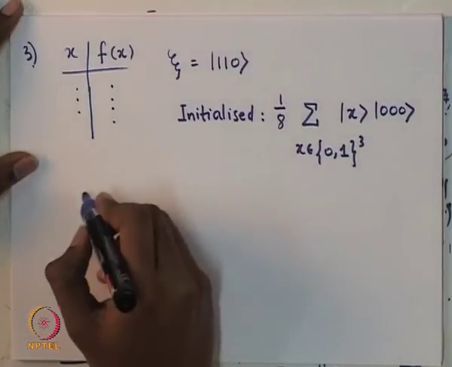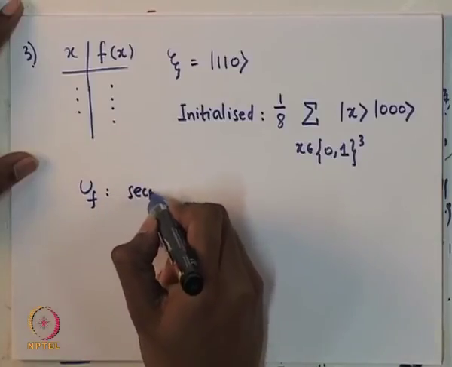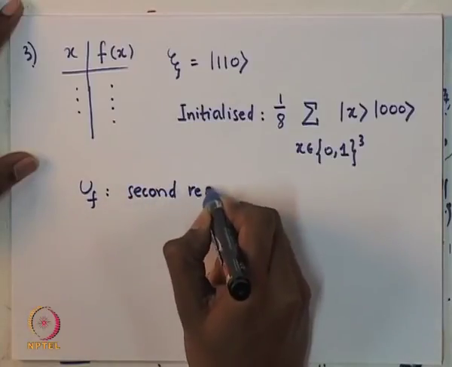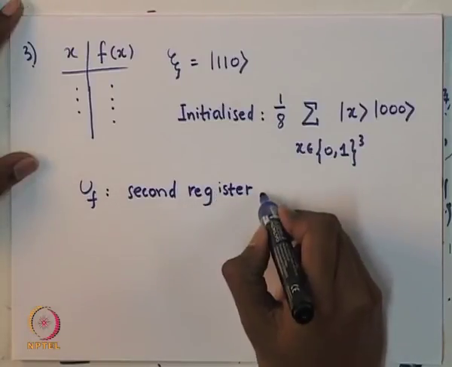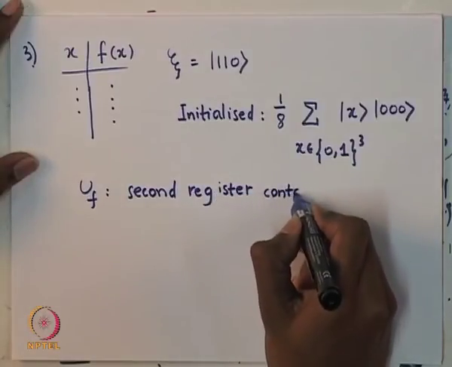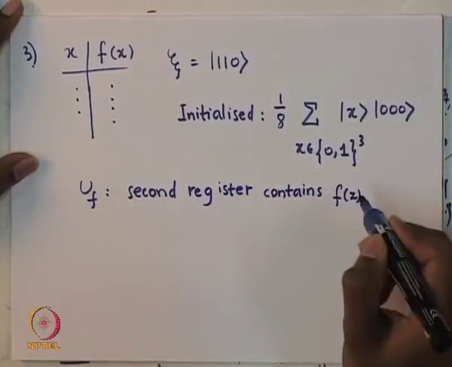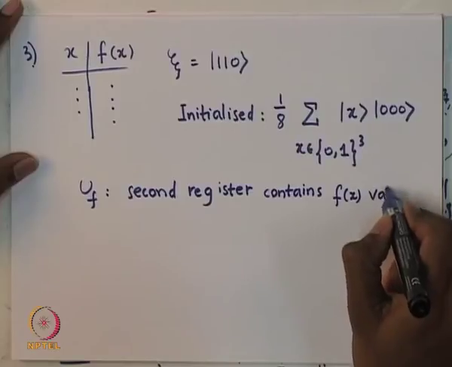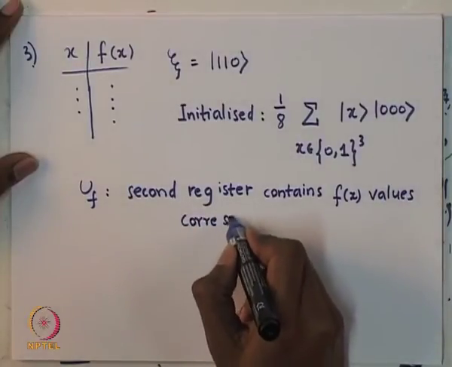So when we apply the oracle, we know that the second register contains f of x values corresponding to the x.